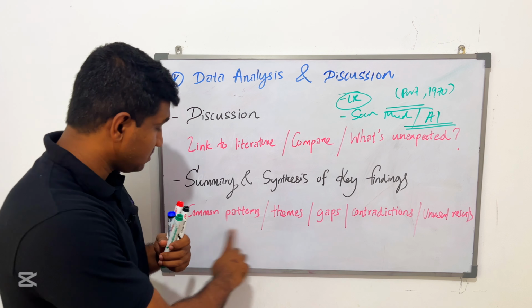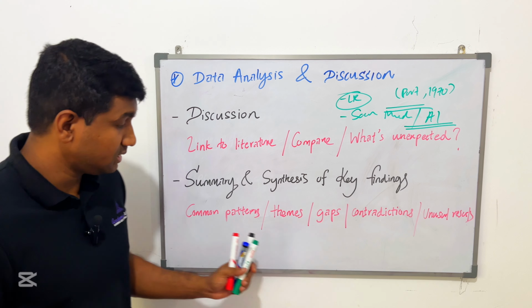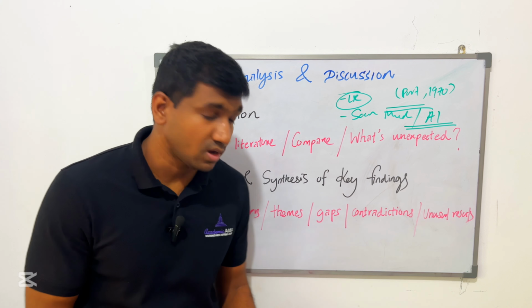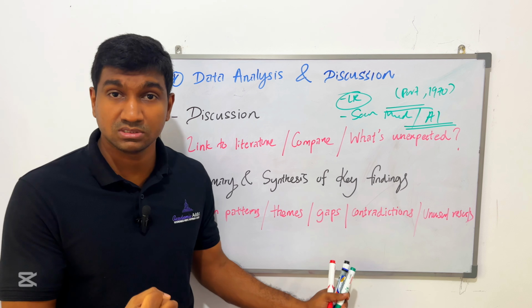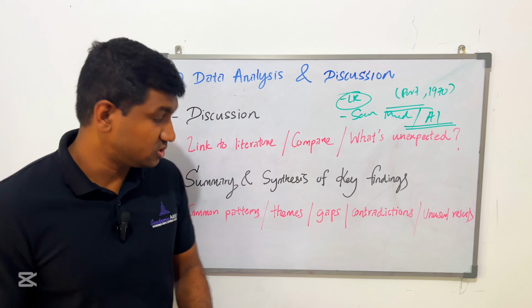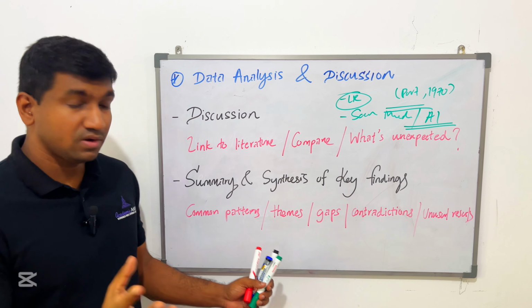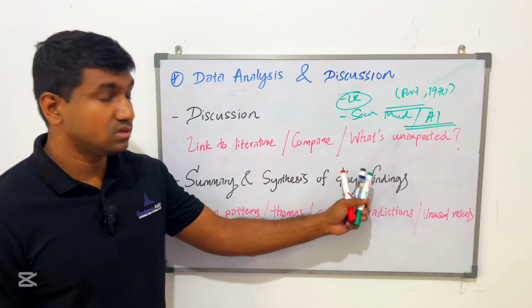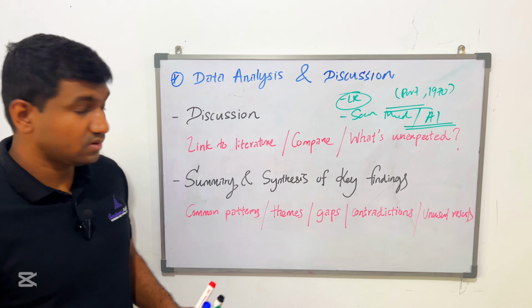I have given a few examples of common patterns you can highlight: themes, what are the themes that you have found out, and what are the gaps you have noticed based on this data or the literature. You can refer to literature plus data, right? You don't have to focus only on the primary data, which is your collection of data from this sample.